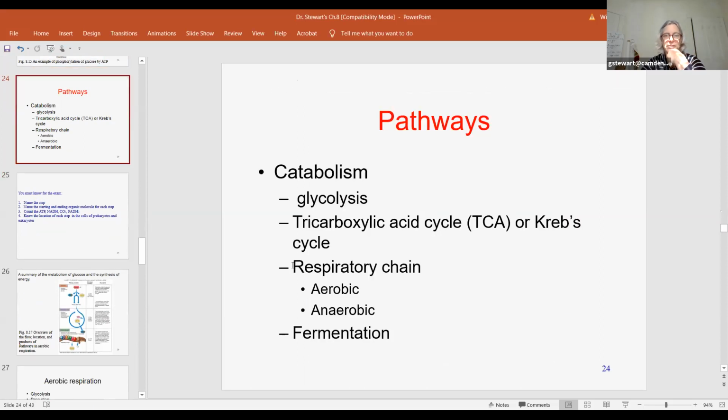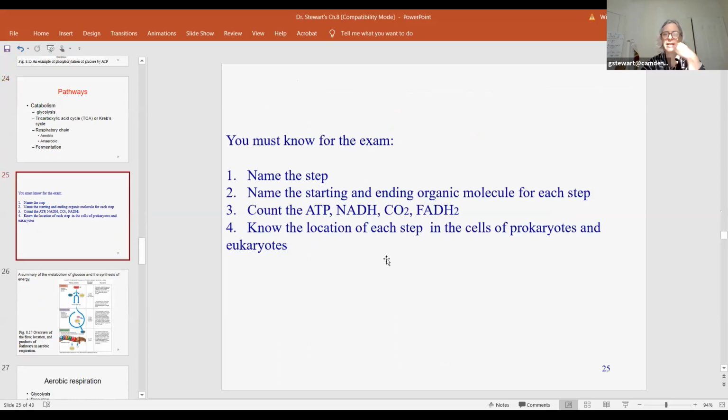So the pathways we are going to focus on for the exam: you need to be able to name the step or pathway, and we'll go through them one at a time. First is the complete oxidation of glucose, which is also known as cellular respiration. There are 4 steps of that pathway: glycolysis, the prep step, the Krebs cycle or citric acid cycle, and the electron transport chain and chemiosmotic synthesis of ATP.